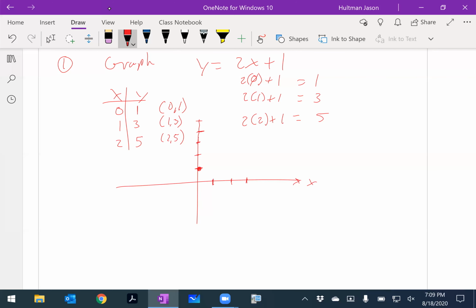So at 1, we want to be at 3, the point 1, 3. And then at 2, we want to be at 5.